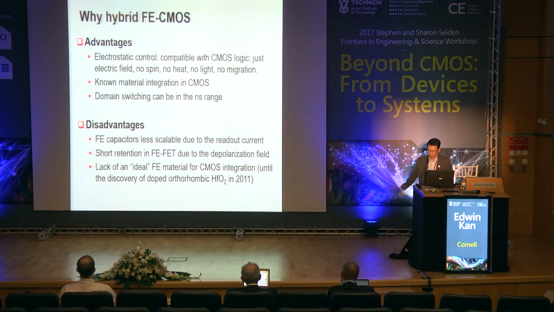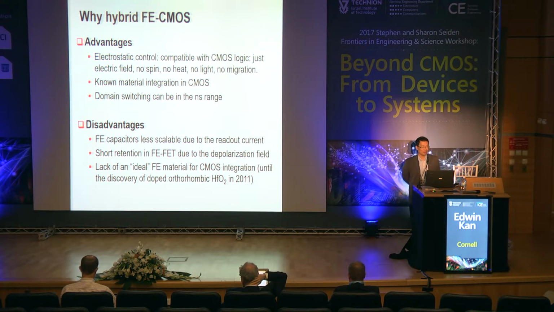The disadvantage is the FE capacitors. If you use the ferroelectric capacitor, it is less scalable because the readout current has to scale with the sensing circuit. And there is short retention time in the gate stack, which will be more scalable, but then you have to design the depolarization field very carefully in order for that to work. And there was a lack of ideal ferroelectric materials until, for sure, the work by Professor Michael Lajevic and Mueller in 2011.